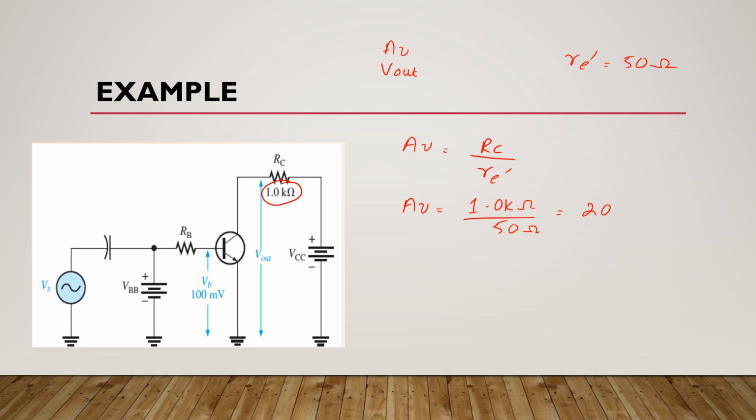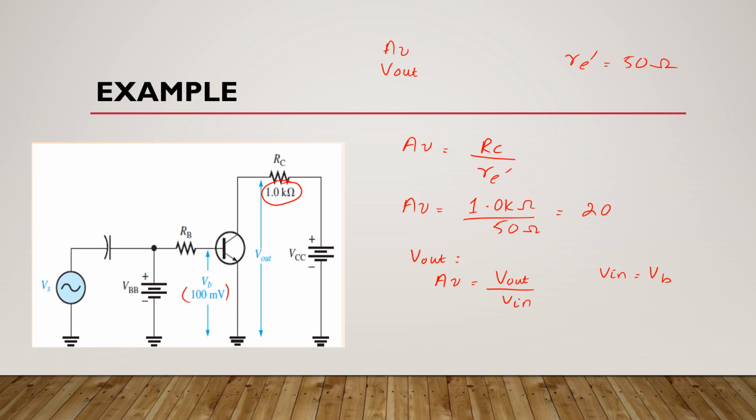Now what about the AC output voltage? We know that voltage gain is equal to output voltage divided by input voltage, and the input voltage is the AC base voltage, which is 100 millivolts.